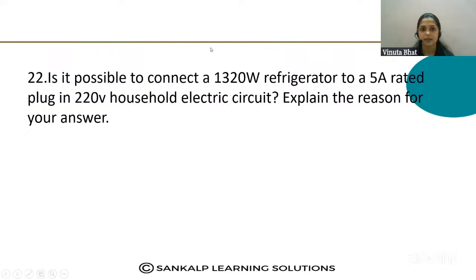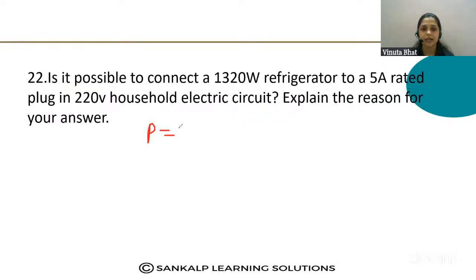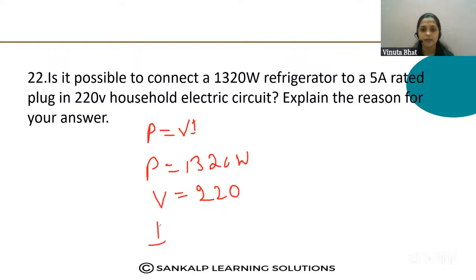Next question. Is it possible to connect a 1320 watt refrigerator to a 5 ampere rated plug in the 220 volt household electric circuit? Explain your answer. Here, you know the formula P is equal to VI. Here P is given, that is 1320 watt, V is 220 volt, and the rating is 5 ampere.